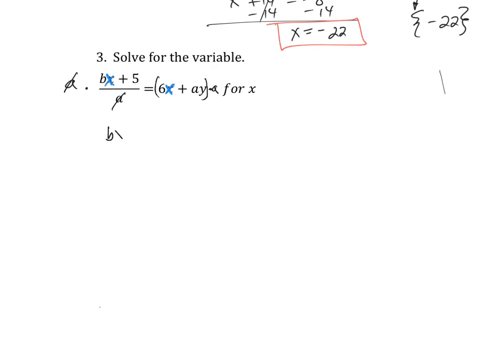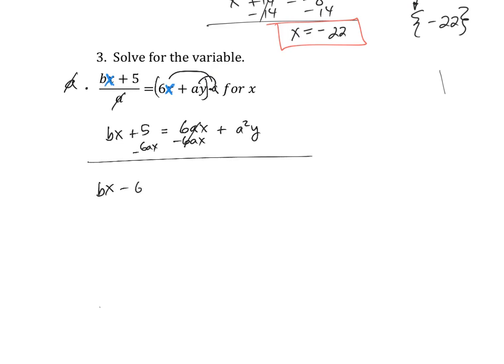So then that gives me bx plus 5 is equal to, I'll go ahead and distribute that, 6ax plus a squared y. And now I want to get all my x's on one side of the equation. So I'm going to subtract 6ax from both sides. So I've got bx minus 6ax plus 5 is equal to a squared y.